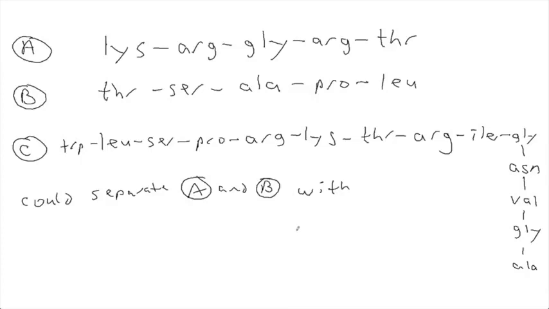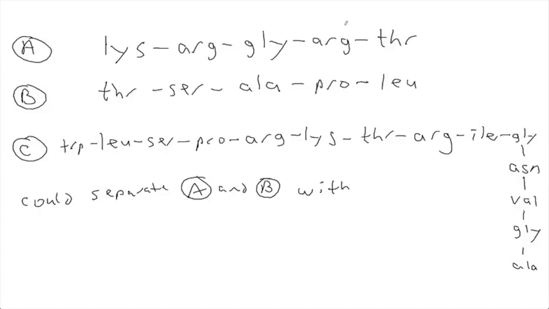Ion exchange chromatography. How do you know that would work? Because I know lysine has a positive charge, and arginine also has a positive charge, and there are two arginines and a lysine in A. There's no positive charge in B. Good. That's right. Ion exchange chromatography separates things on the basis of what? Charge. Yeah, it would be better to say net charge. Okay, good.